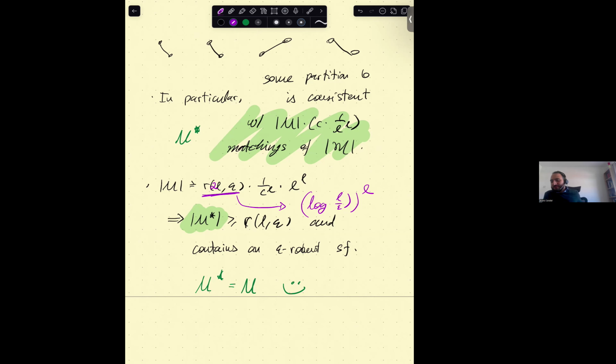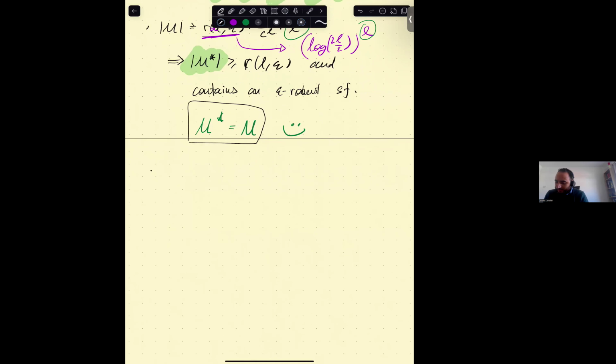Okay. So now we are happy that we found this family that contains a robust sunflower, and it's blocky, moreover. So do we remember the great properties that blocky families have? Because every matching has exactly one edge at each block.